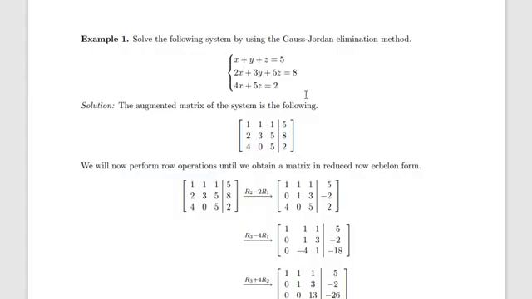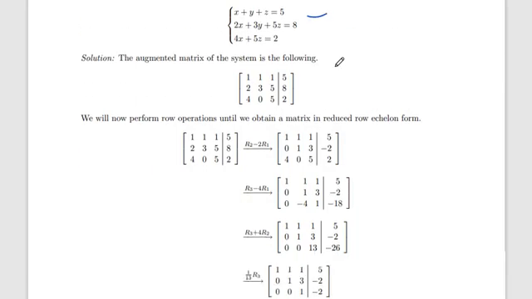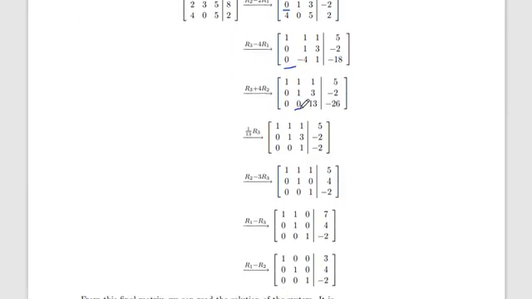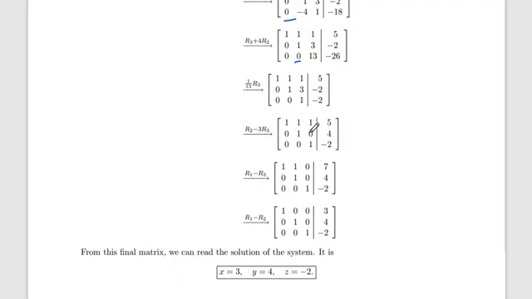This is an example of a linear equation we have to solve with Gauss-Jordan elimination. What we will do is first make this a 0, then the one below, then the third a 0, then this, then this, and then this.